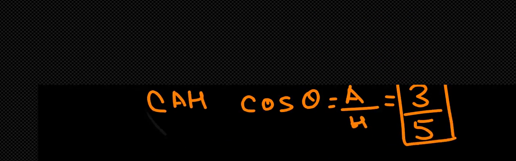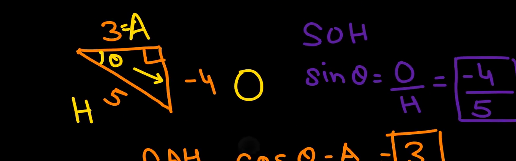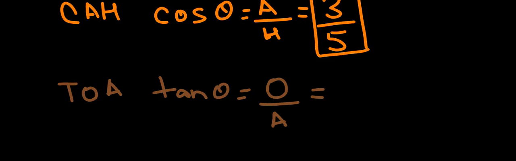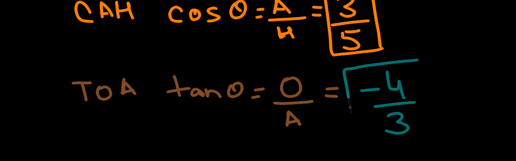If we look at our triangle, opposite is -4 and adjacent is 3, so -4 over 3. Again, we are going to box it, and that's our tan theta.